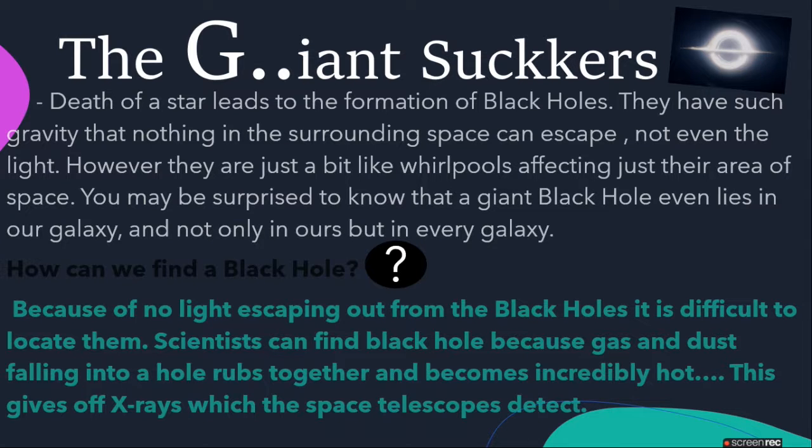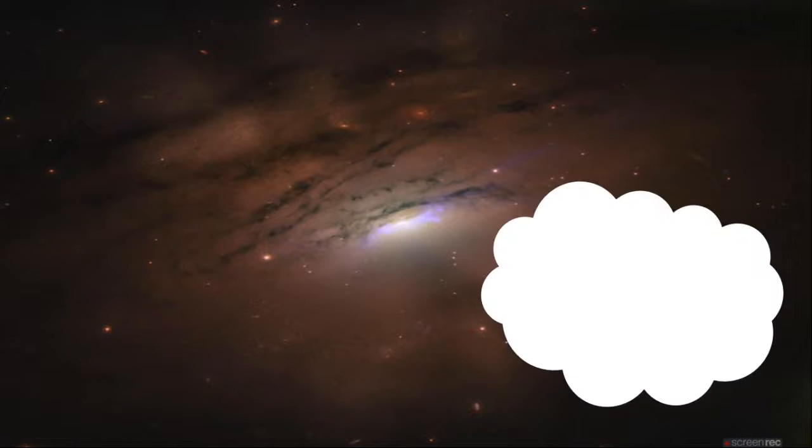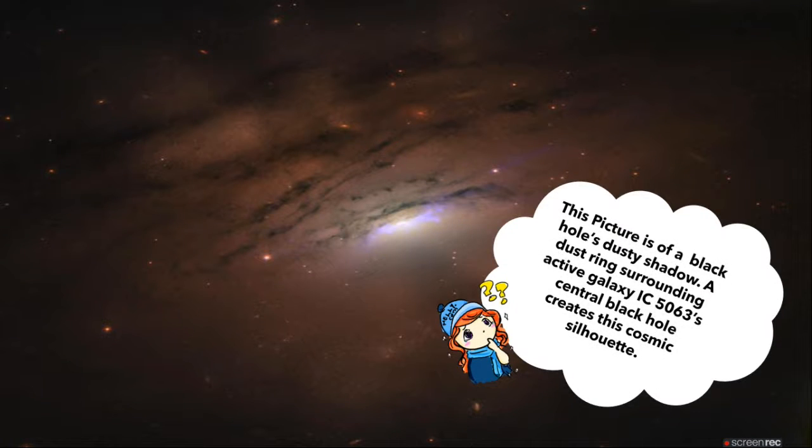This gives off X-rays, which space telescopes detect. This picture is of a black hole's dusty shadow, a dust ring surrounding active galaxy IC 5063's central black hole. This creates a cosmic silhouette.